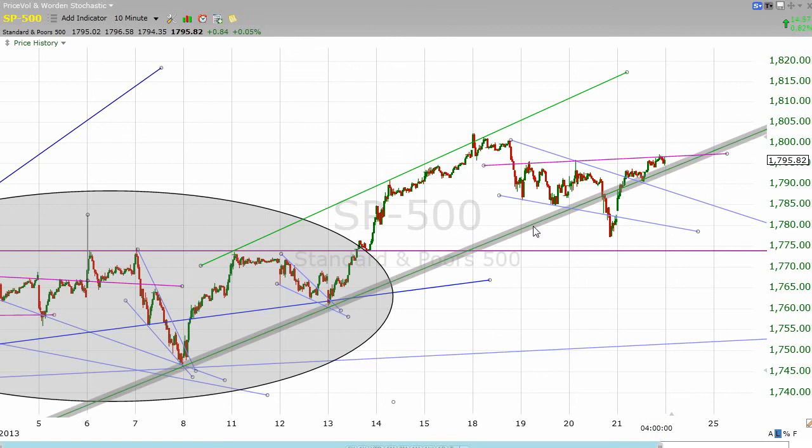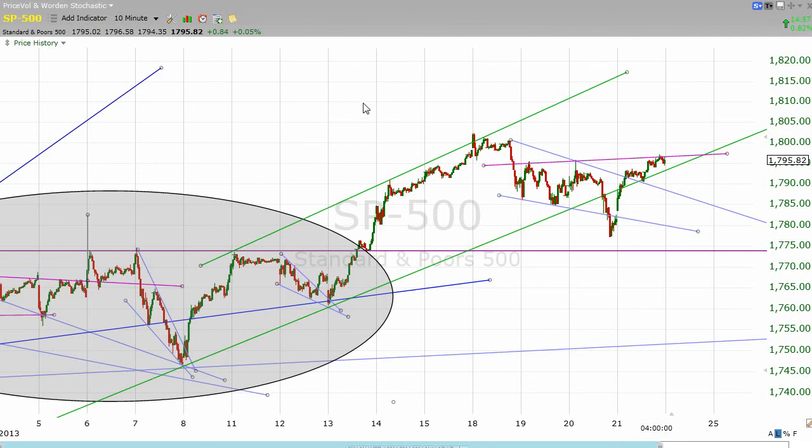So let's see, coming into tomorrow, if the S&P stays above this green line, and if it can mount an attack on this purple line right here, and if it can do so successfully, will we see this behave as another one of our shoulder and head, inverted shoulder and head patterns? If so, then we'd be looking at a target, like I said, right around about 1815, something like that.